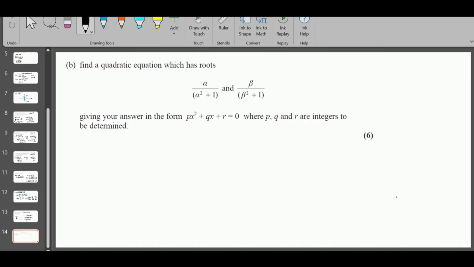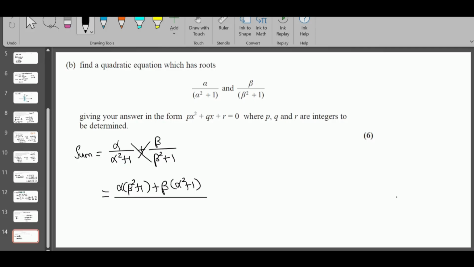Okay. We need to find the sum of the roots first. Alpha over alpha square plus 1 plus beta over beta square plus 1. Combine it to a single fraction by cross multiplying and multiplying these two. So you're going to get alpha times beta square plus 1, beta times alpha square plus 1, everything divided by alpha square plus 1 times beta square plus 1.